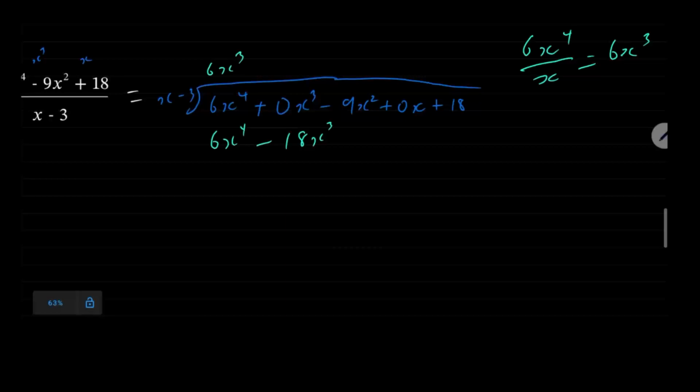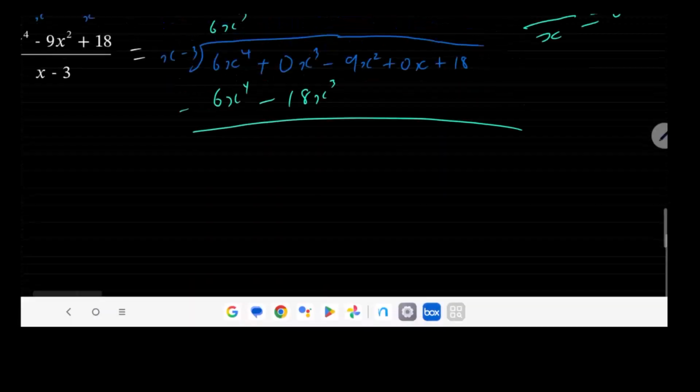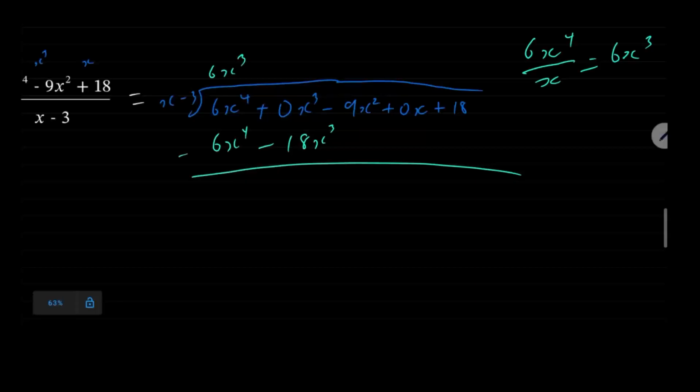All right, now what is next? We leave the rest for now, and then we subtract. 6x exponent 4 minus 6x exponent 4 is basically 0, and then 0x exponent 3 minus negative 18x cubed is going to give us 18x cubed, because the two negatives become positive.